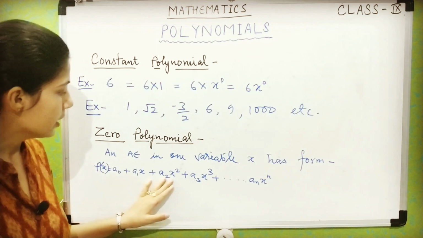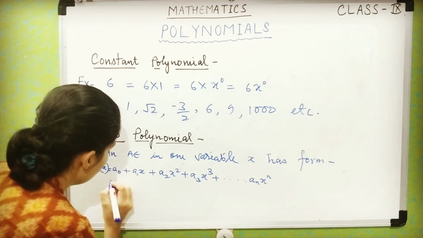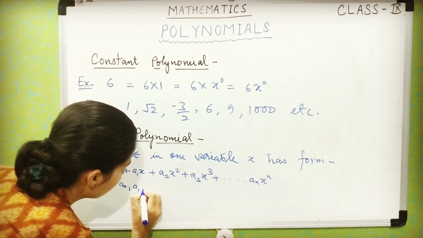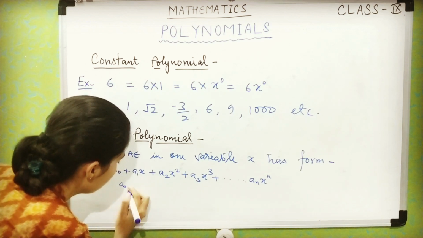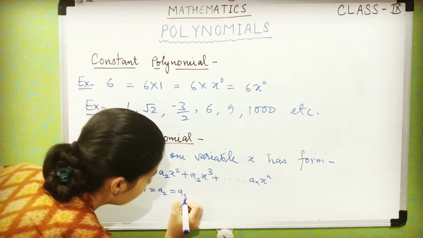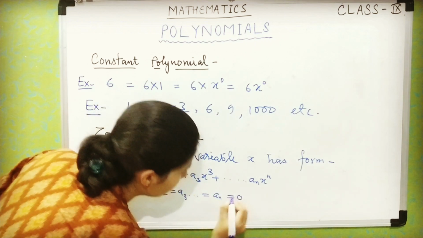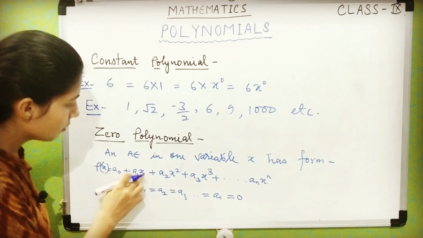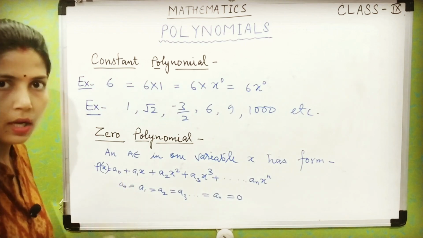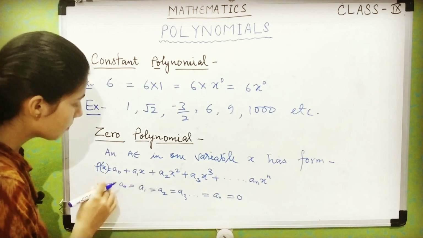If all the coefficients of the variable become 0, that is, if a naught equals a1 equals a2 equals a3 equals an equals 0, these all being coefficients, then what happens?